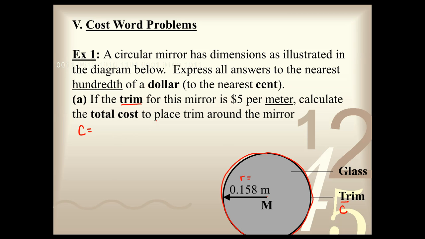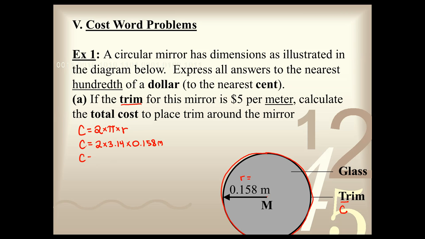Now we need to decide which equation to use. We have two equations for circumference. We have pi times d, and we have 2 times pi times r. However, the question shows me the radius, therefore I'm going to use the equation that has radius in it, which is 2 times pi times r. Let's plug the numbers in. This would be equal to 2 multiplied by 3.14 multiplied by r, which is 0.158 meters.